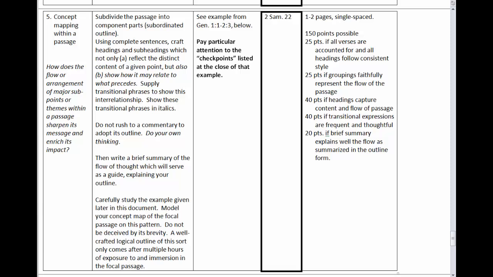The next step, after you've actually crafted the outline, I'll ask you to write a brief summary of the flow of thought. A summary. And this will be in the form of a short paragraph. These will be complete sentences that will, in essence, talk through what is otherwise presented as points and subpoints, these headings.